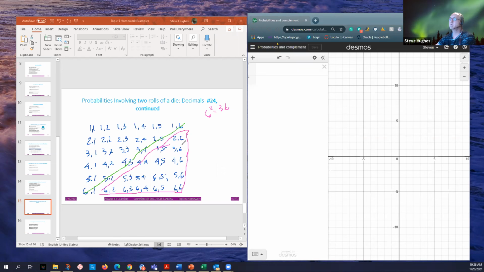Right? How many are there total? So what I'm doing here is P of the sum greater than 7. Oh, not 5, 7. Sum greater than 7. This is a greater than right here.